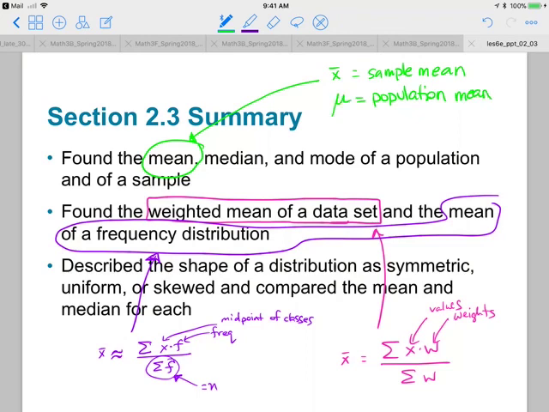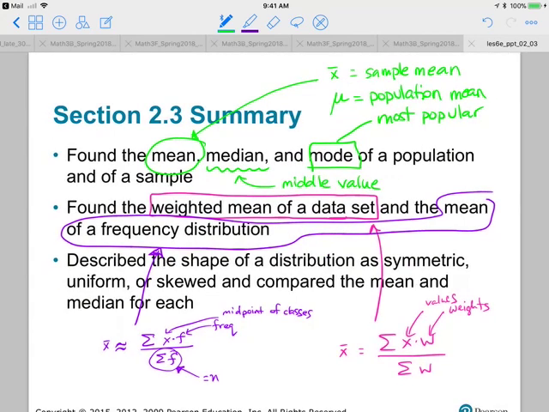Okay. We don't have notation for median, and we don't have notation for the mode. The mode is what's most popular. It's the data entry with the highest frequency. And then the median is the middle value. Right? And remember, if we have two middle values, then you take the average of the two middle values.